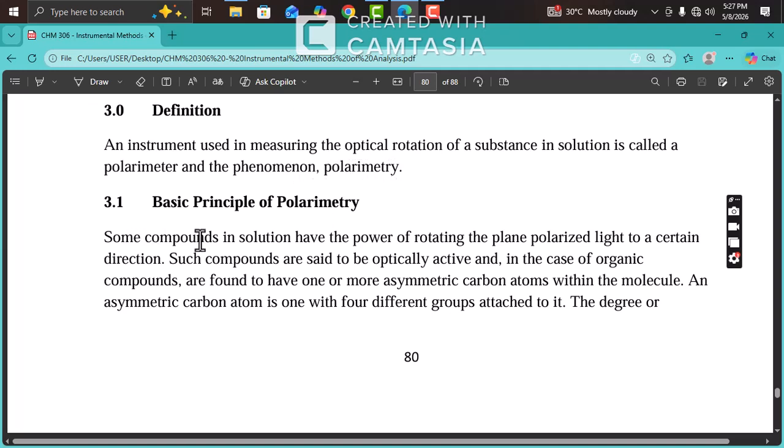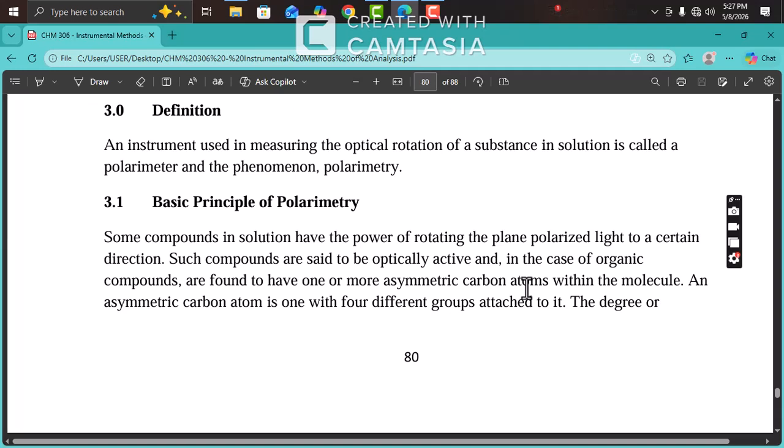Some compounds in solution have the power of rotating the plane polarized light to a certain direction, so it can rotate it. Such compounds are said to be optically active, and in organic compounds you can find one or more asymmetric carbons within the molecule. I'm sure you know what asymmetric carbons are: a carbon atom with four different substituents.